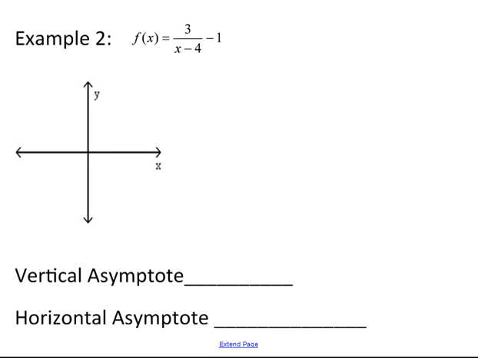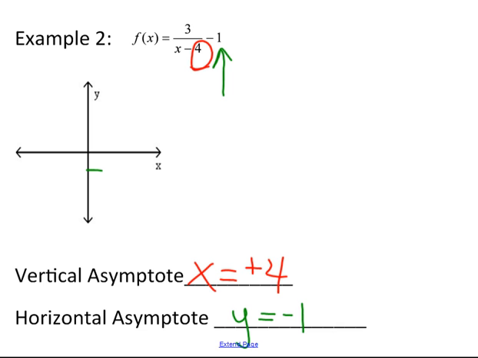Example 1, f of x equals 1 over x minus 3. Example 2, we have 3 over x minus 4 minus 1. So we need the vertical asymptote. Remember, it has to be opposites. So if it's x minus 4, we need x equals positive 4. For horizontal asymptote, that's the one that's outside. Y equals negative 1.